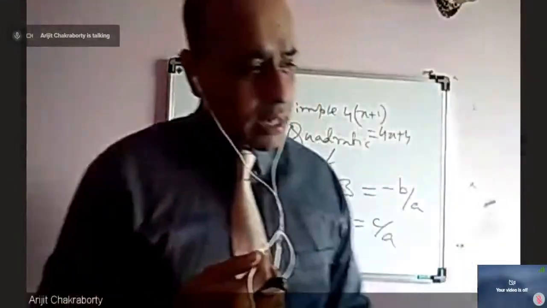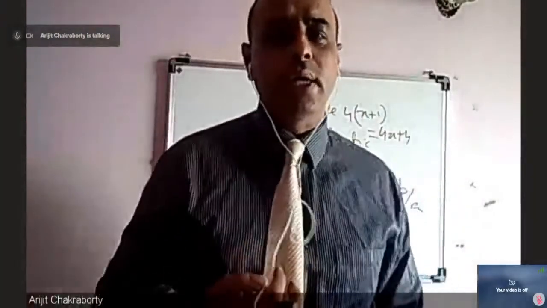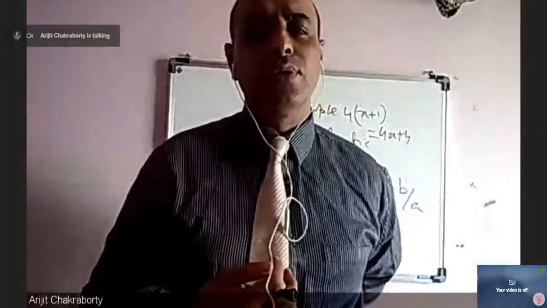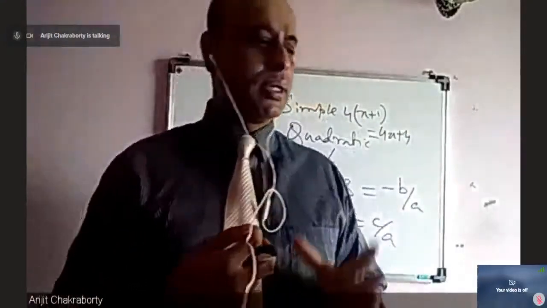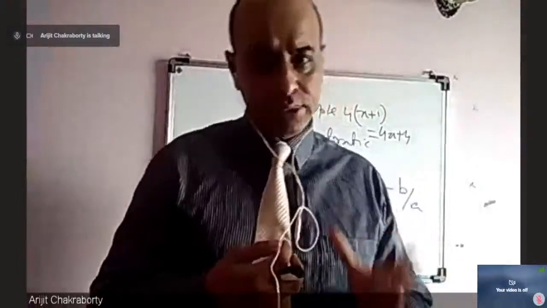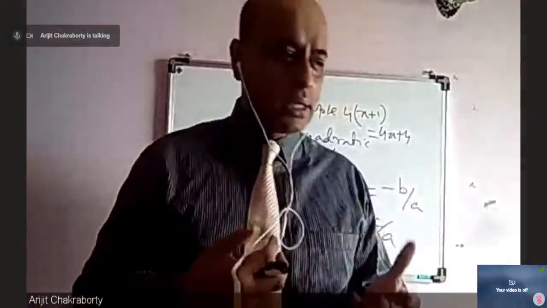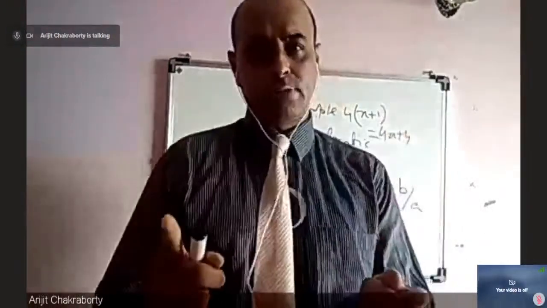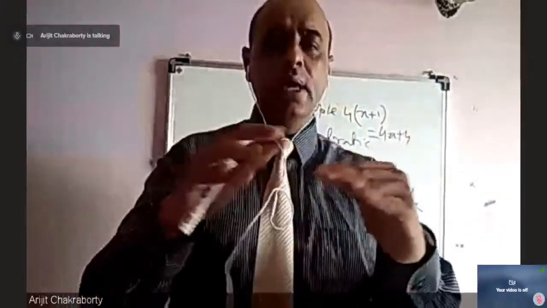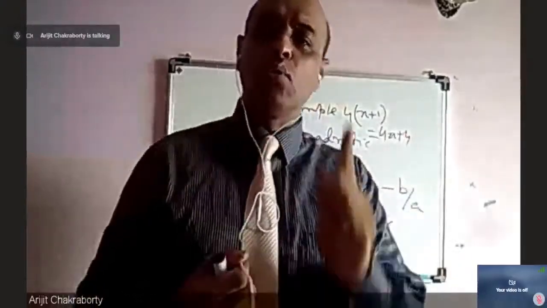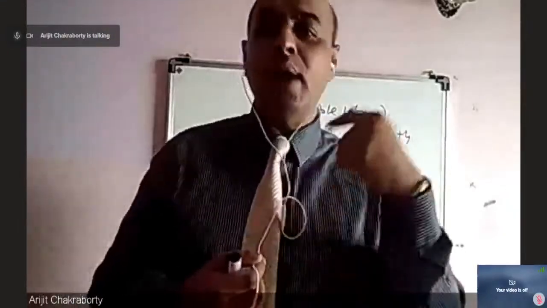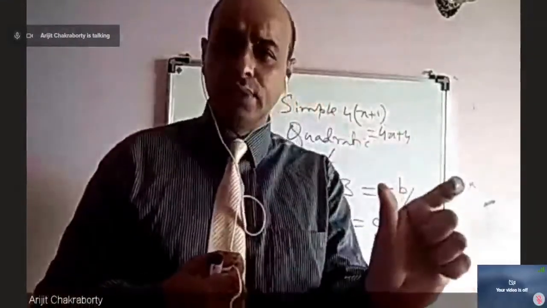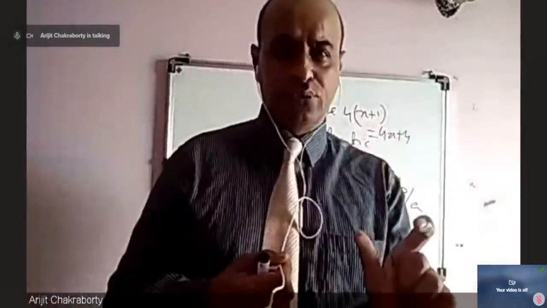Now, the first point I took up today was based on the queries we received regarding the difference between equation and identity. As I said, an equation is a mathematical statement. There is an equality sign, but it holds good only for one value of x or y. That is why we have to find out that value. The equation is given to us, but we have to find out the value. Why?